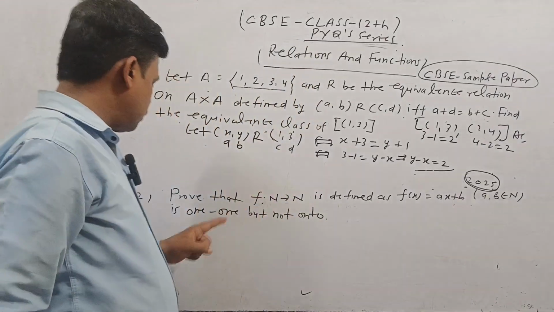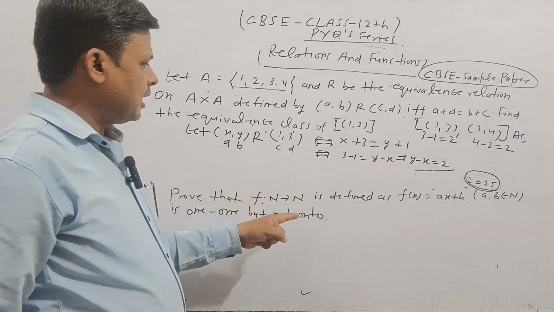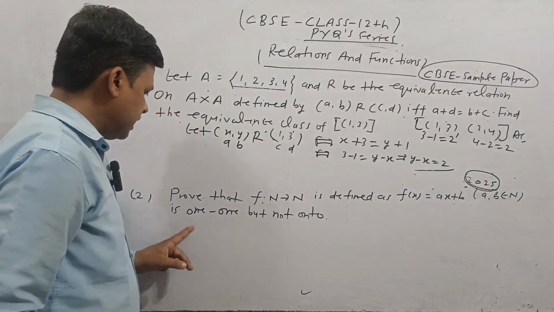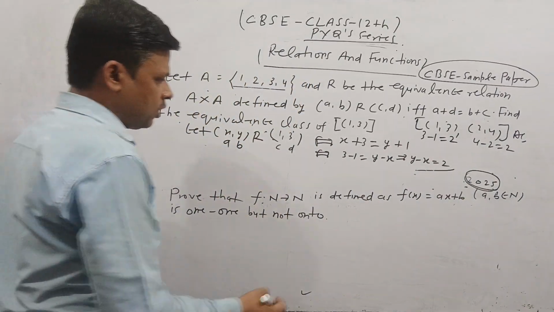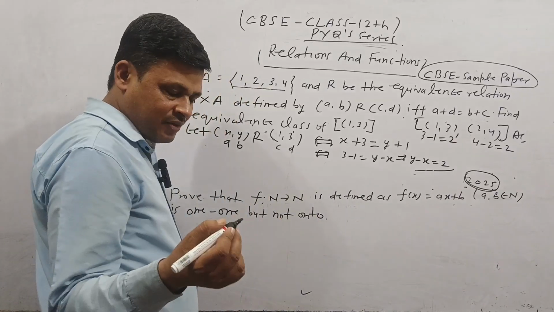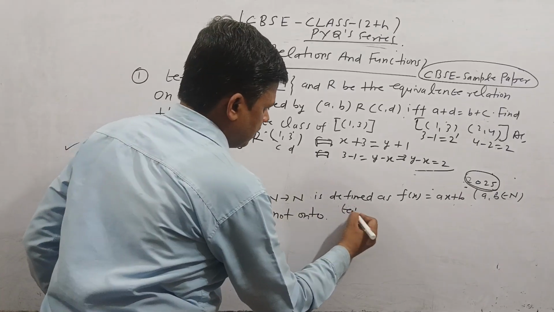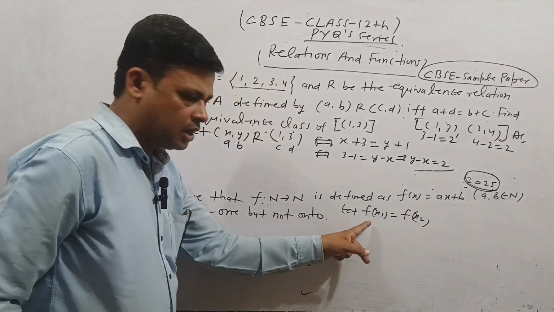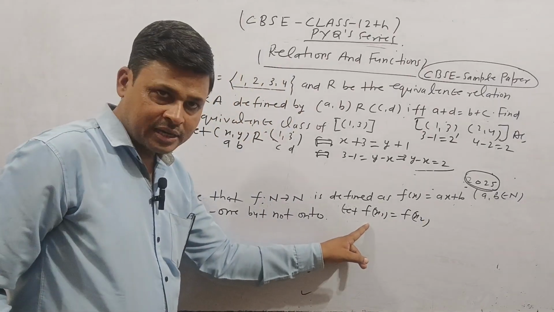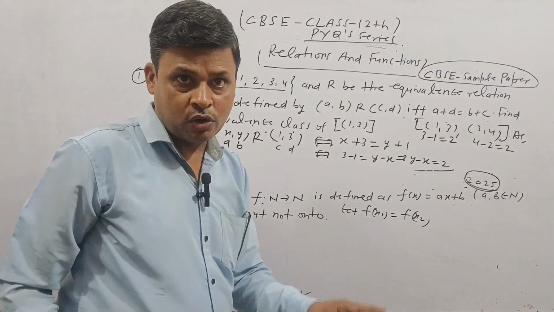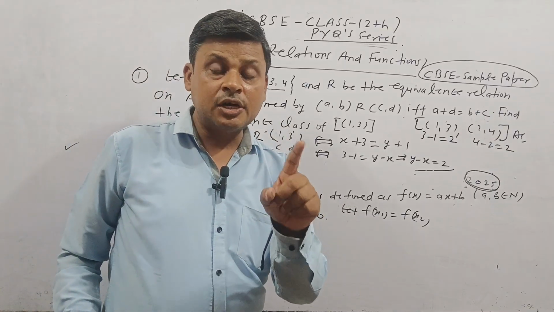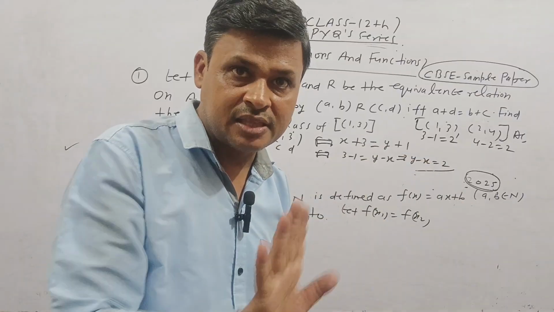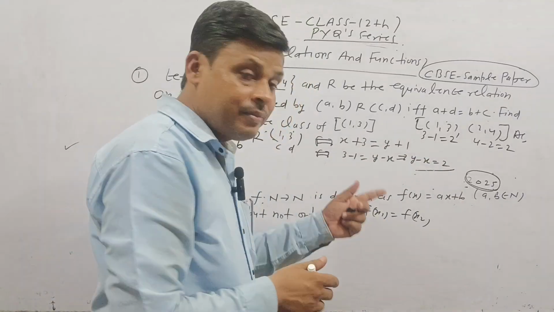Okay. Now the second question: prove that f from N to N defined as f(x) is equal to ax plus b, where a, b belong to N, is one-one but not onto. For checking whether this function is one-one, let the images in the codomain be the same. We can also take f(x1) not equal to f(x2), because for a function to be one-one, distinct elements of the domain have distinct images in the codomain, or the same images in the codomain come from the same elements of the domain.